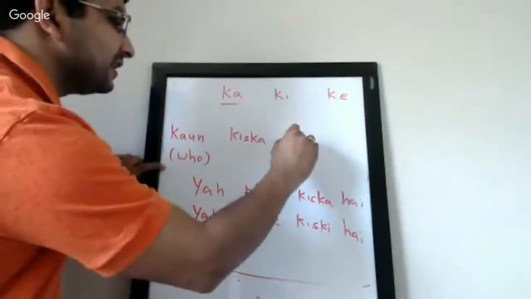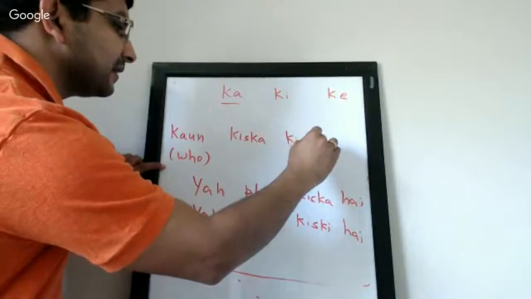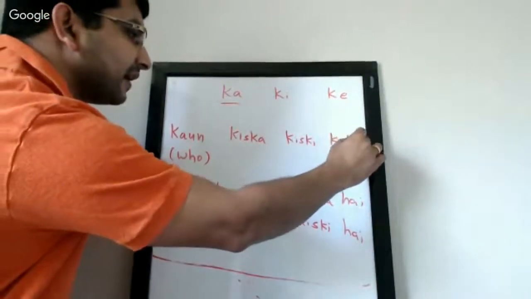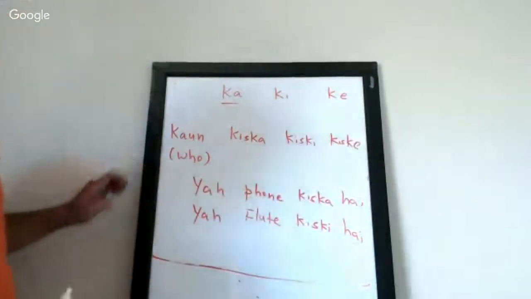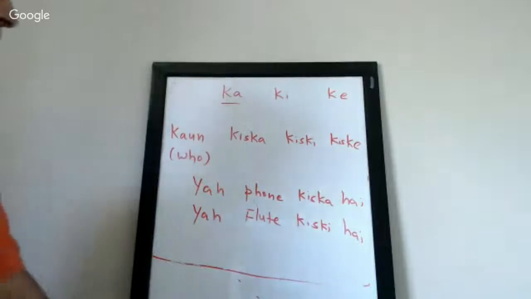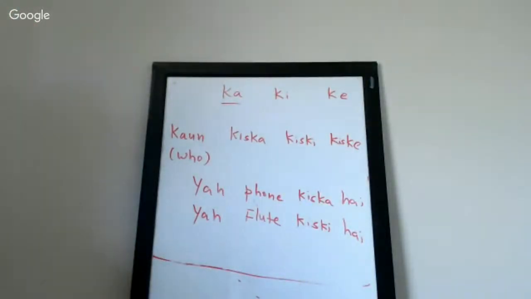So किसकी, and then किसके, so ये इंस्ट्रूमेंट किसके हैं, right? So that's how it will go with all the interrogatives, and you use ka and ke and ki.